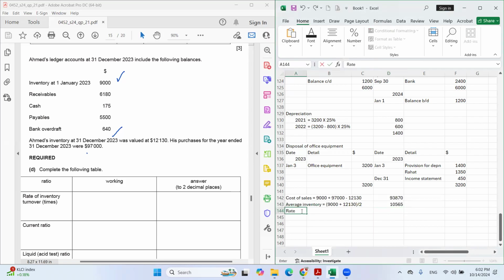Rate of inventory turnover. The formula is cost of sales divided by average inventory.